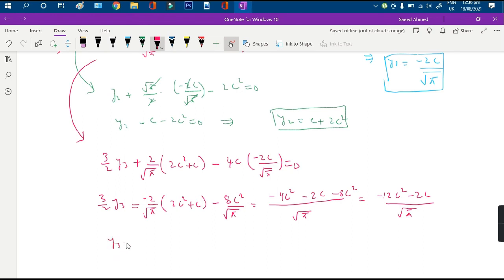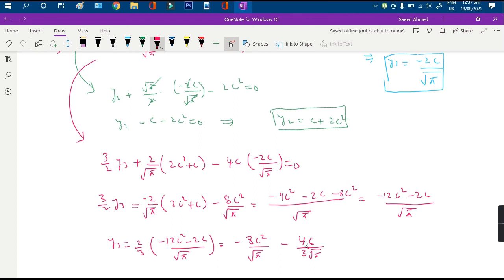So y3 becomes 2 over 3 into minus 12c square minus 2c over square root of pi, which after simplification, 3 4s are 12 and 4 2s are 8, so 8c square over square root of pi, and then minus 4 times 2, 2 times 2 is 4, 4 over 3 square root of pi into c.